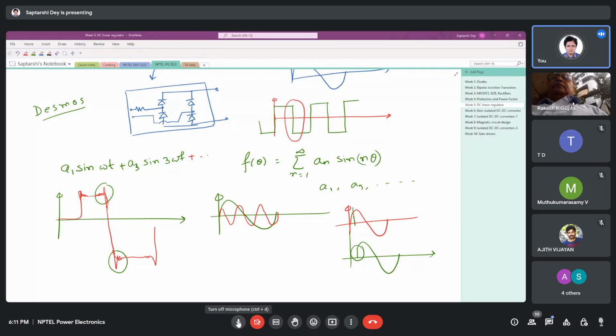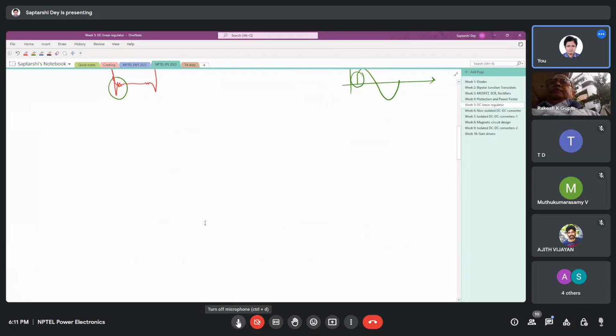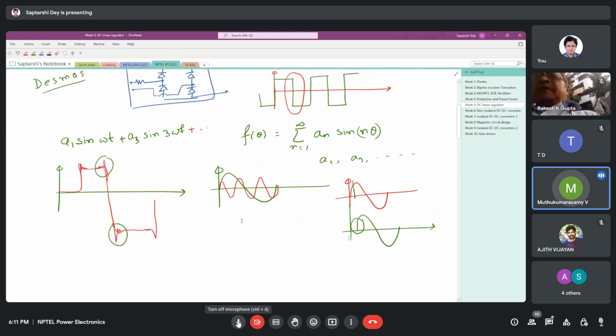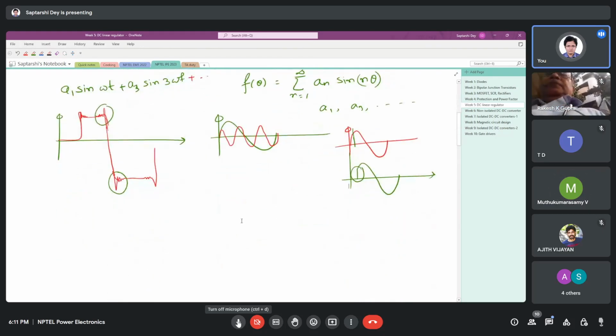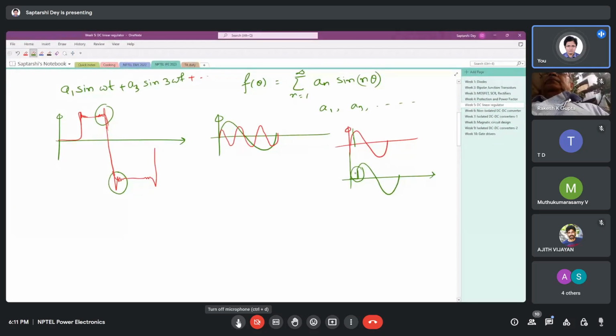Other doubts? Anything, not necessarily from this week. So, sir, just because of this, in a square wave a high frequency is embedded in it. That's why the inductor acts as open circuit when it is closed. Yes, as soon as you turn it on, this kind of abrupt change indicates there is a presence of high frequency component in the voltage.